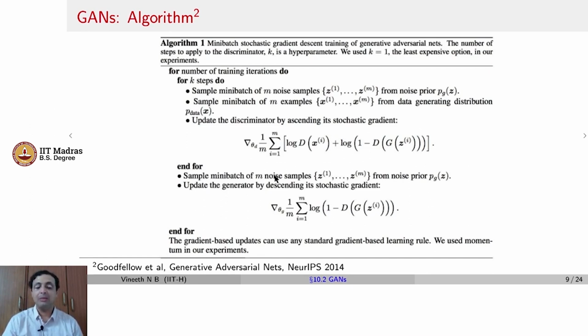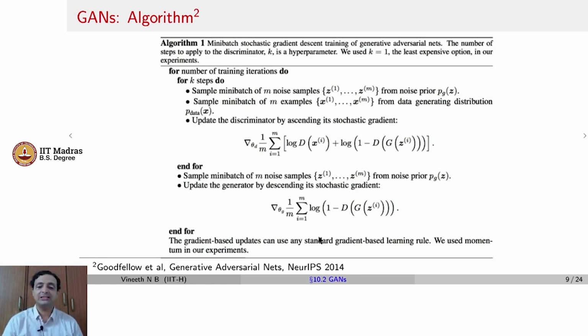So you sample a mini batch of m noise samples from the noise prior, and update the generator now by descending its stochastic gradient, because for the generator we wanted to minimize over the second term in the objective. The first term in the objective anyway did not depend on G, only the second term depended.